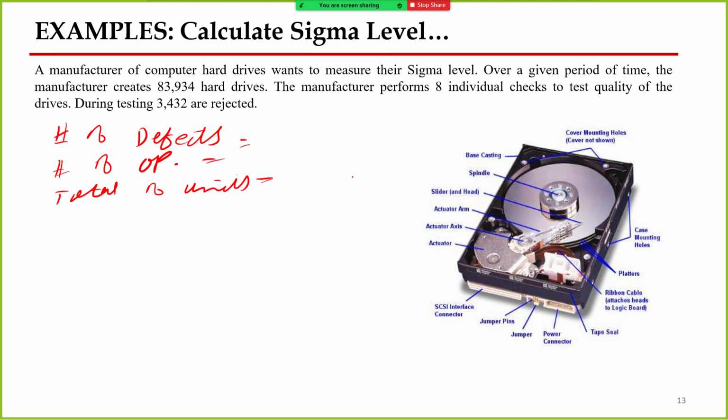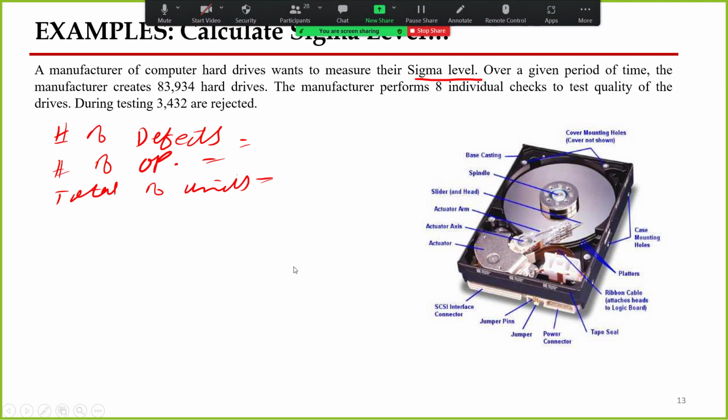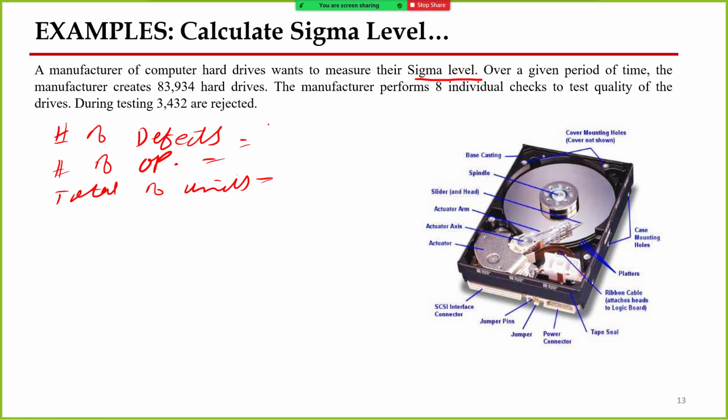So what is the total number of defects we have? We want to quantify the sigma level. Anyone? Is it the 3,432 that are rejected? Yes. So the number of defects we have is 3,432. What is the number of opportunities?